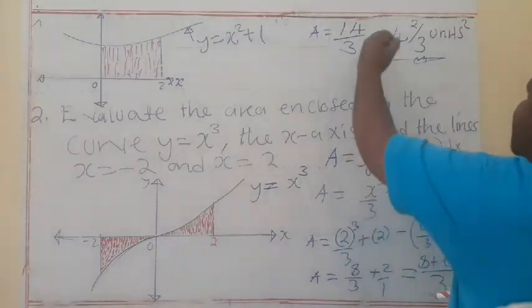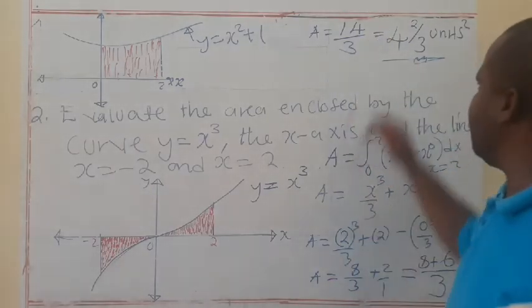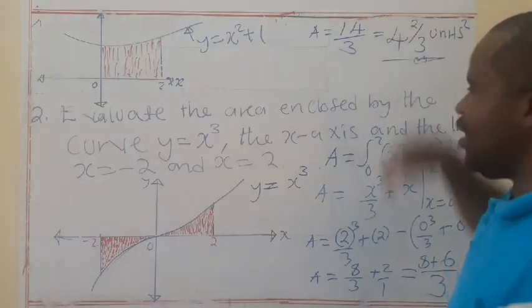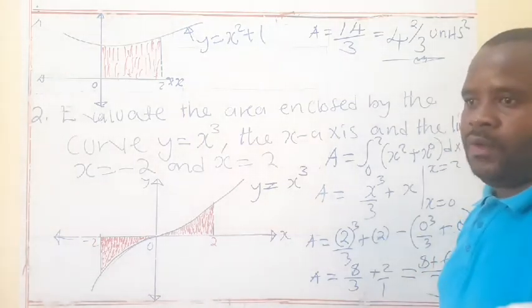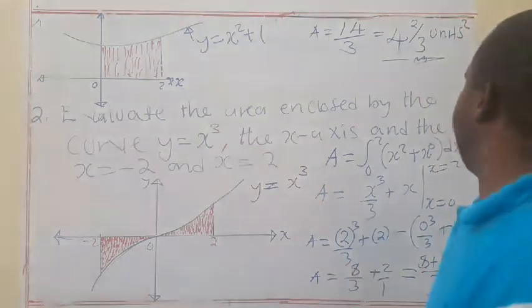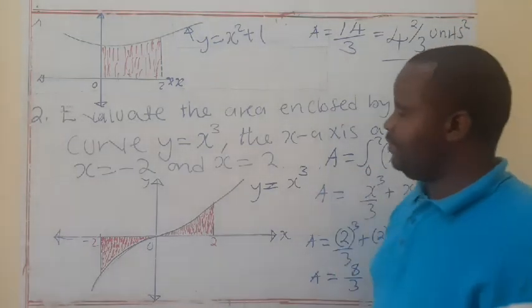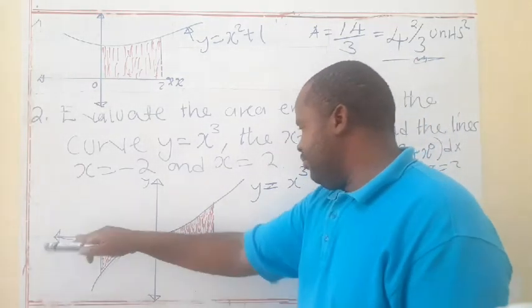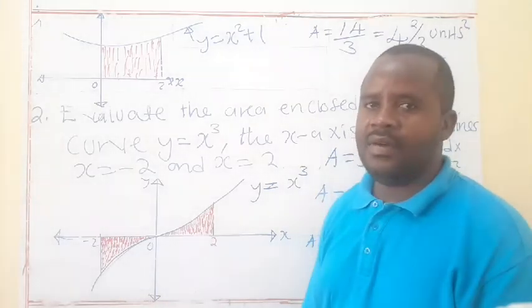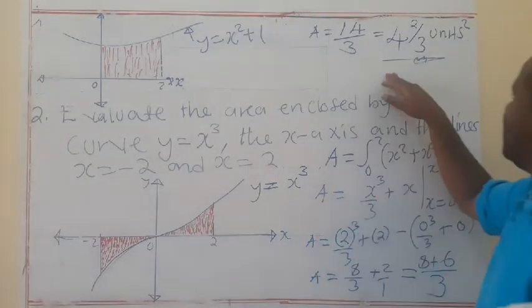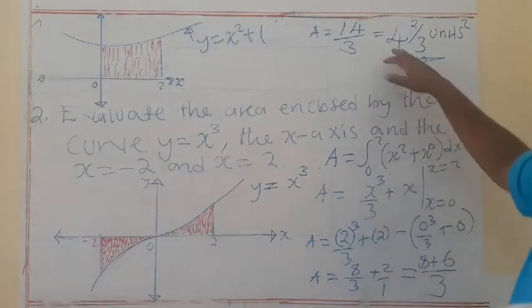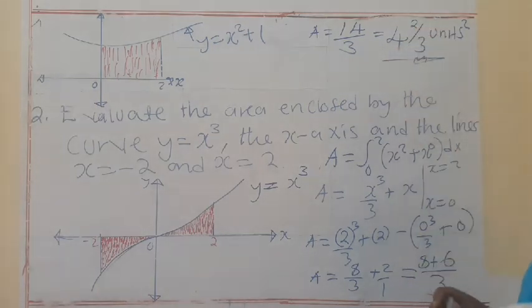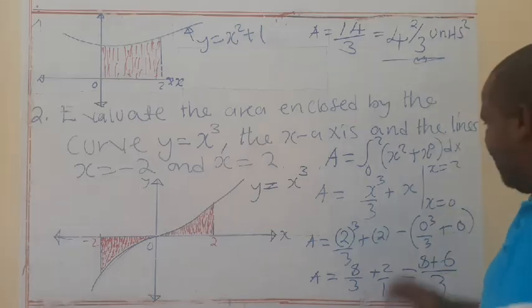In that case, we just discard the negative and maintain the positive value. The negative is just telling you that the region we are dealing with is below the x-axis. I hope that is clear. So in this case, our area is 4 and 2 over 3, square units. I hope I've explained these things.